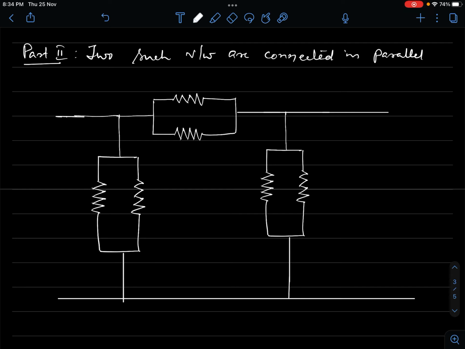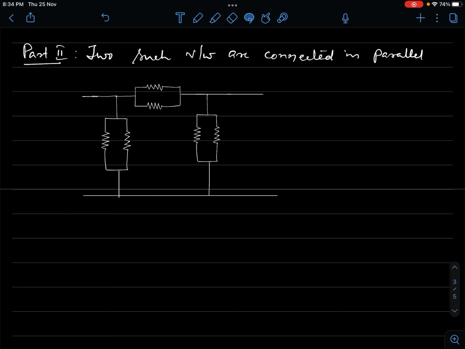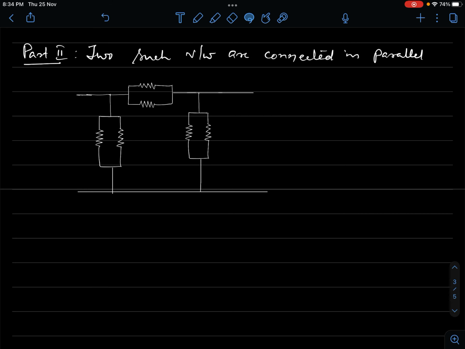What I'm trying to do is just parallel this network, compressing this whole thing into a small unit.